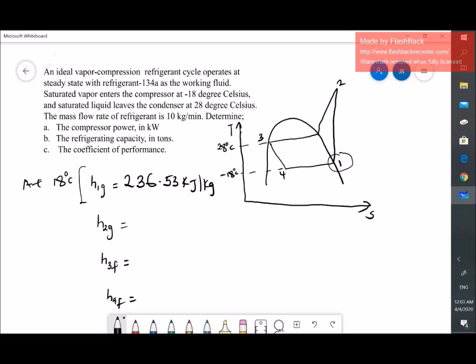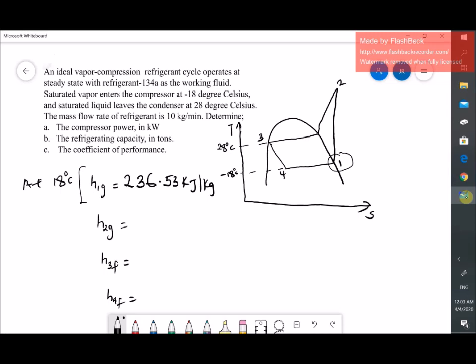Now at point 2, the refrigerant vapor is condensed at 28 degrees Celsius. So the refrigerant gas leaves the compressor and enters the condenser where it is condensed.